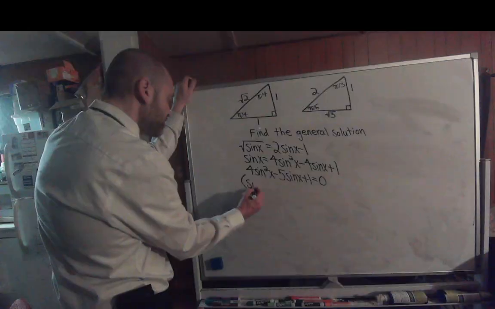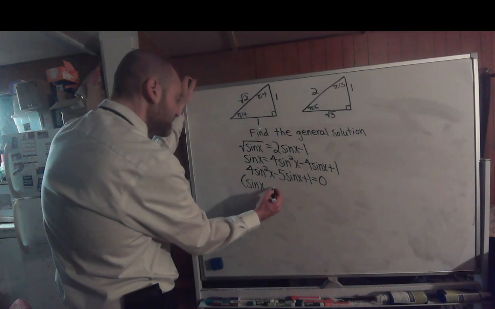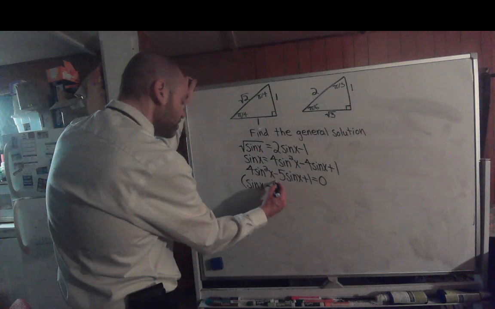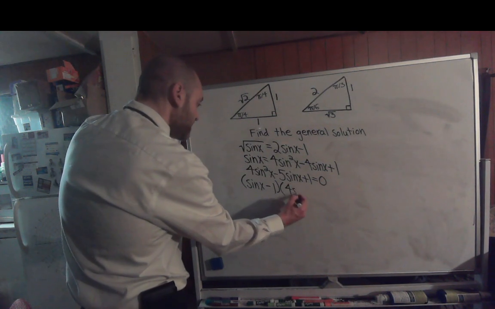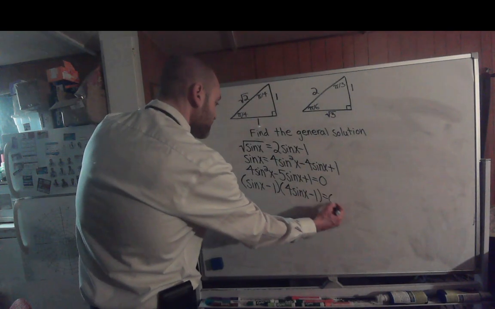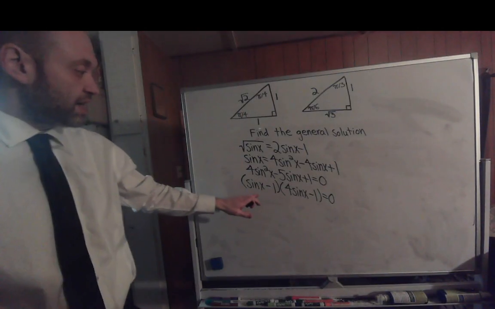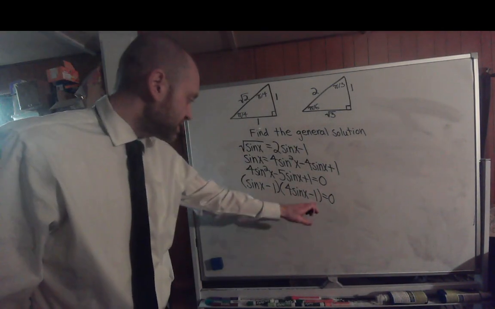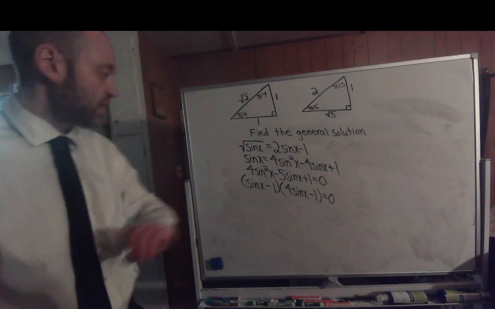So let's see, this should turn into sine of x with a 1. It should all be minus 1s, and then 4 sine of x minus 1. Alright, so 4 sine squared minus 5 sine of x plus 1, yep, that would all check out.